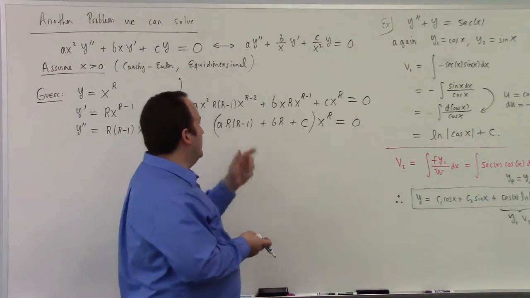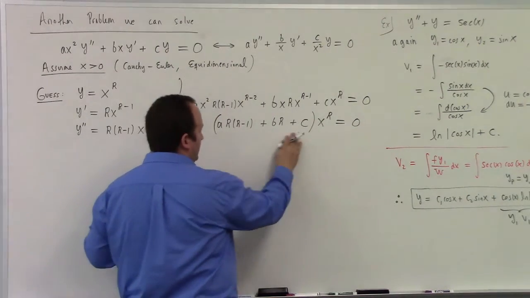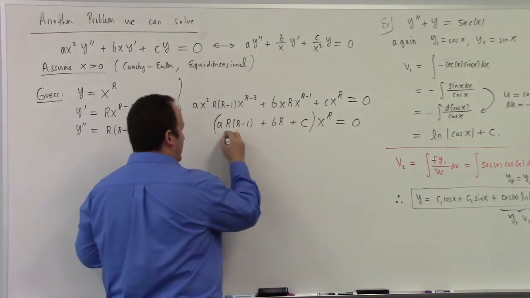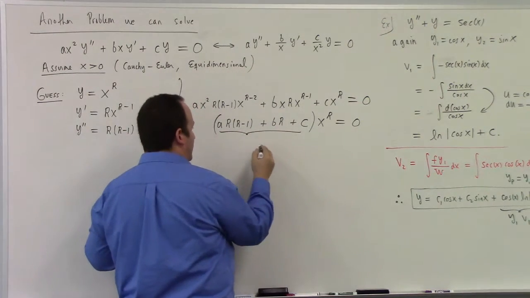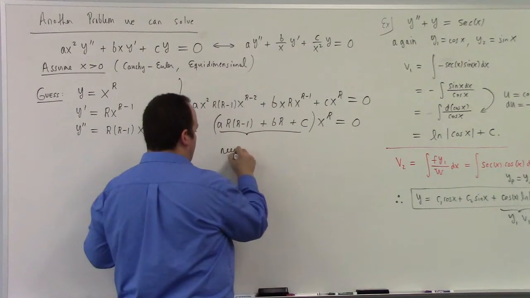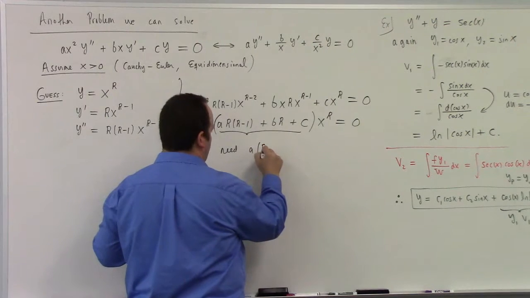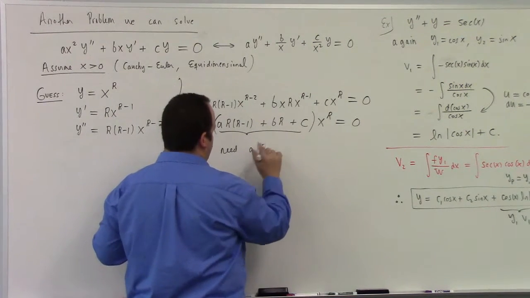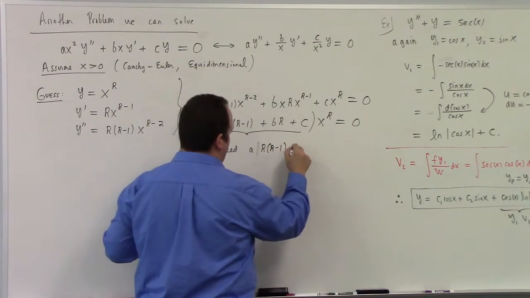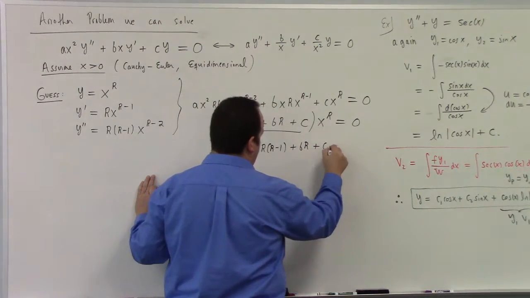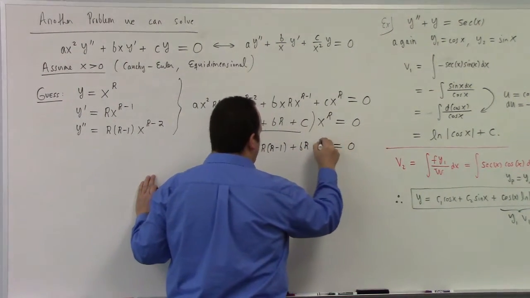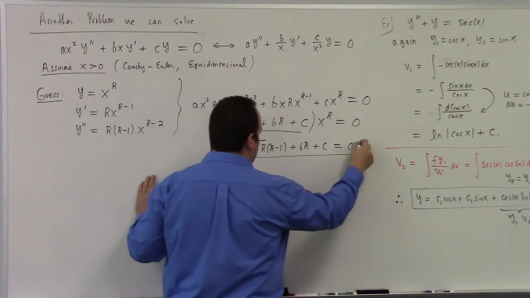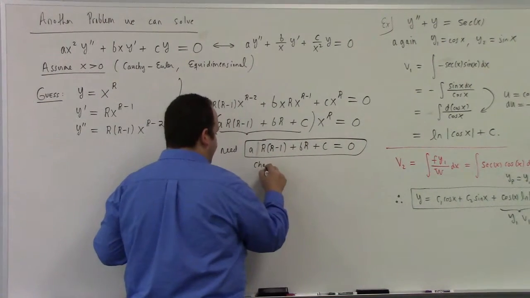It was more simple in the case we had constant coefficients, right? But this is basically what's playing the role of the characteristic equation here. So we need a times r times r minus 1 plus b times r plus c equals 0. You could reasonably say that this is the characteristic equation for the Cauchy-Euler problem.